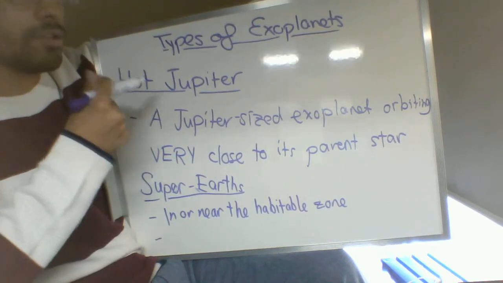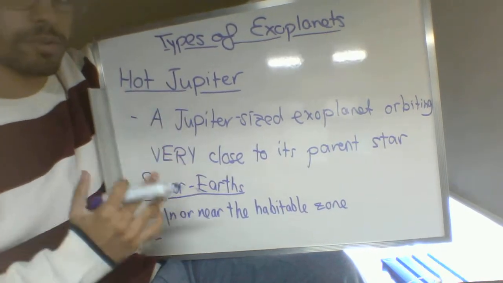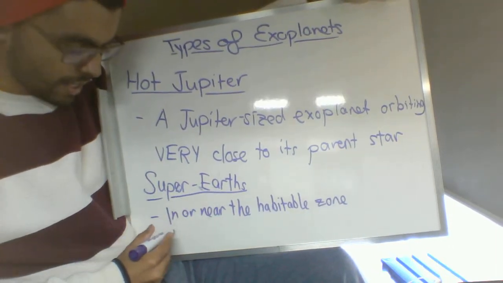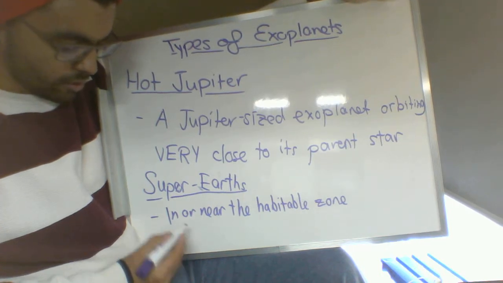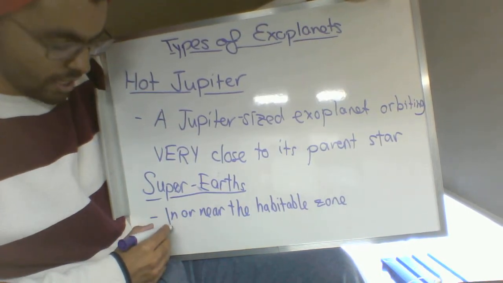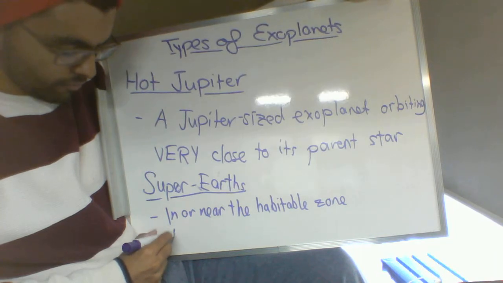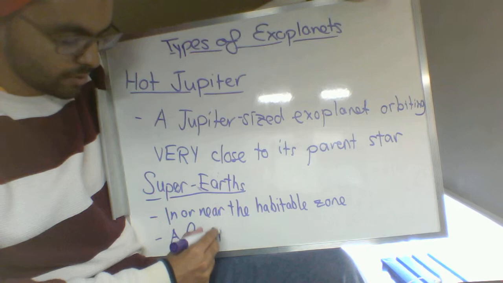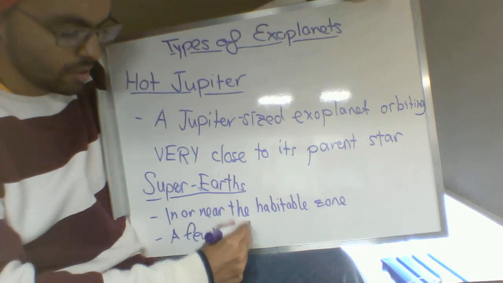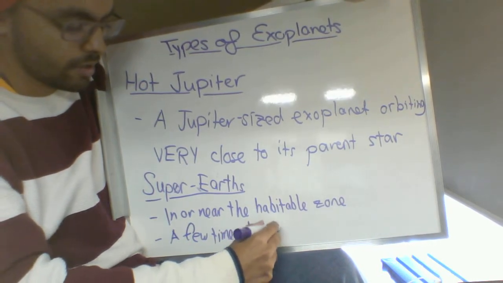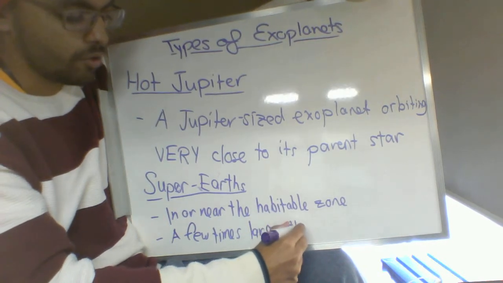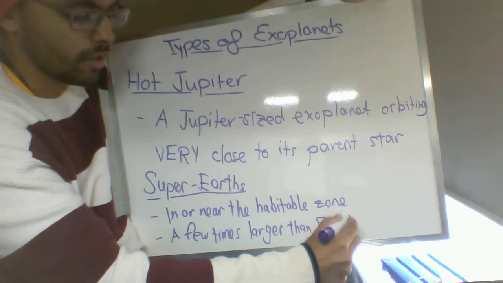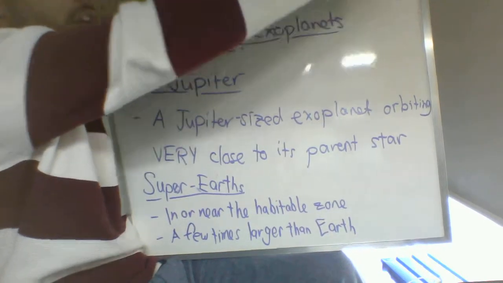So for example, a hot Jupiter has to be relatively close to its parent star, otherwise it's not going to be very hot. But a super-Earth is roughly 2 times the size of Earth, so a few times larger than Earth. But if you remember, Jupiter is about 10 times bigger than Earth and has a much, much stronger gravitational pull.